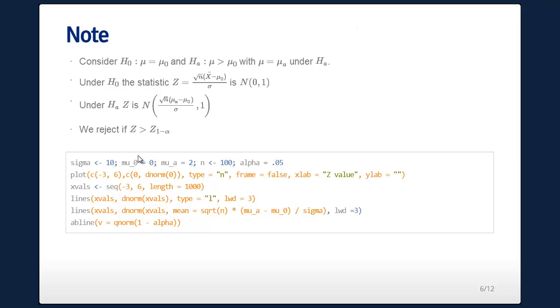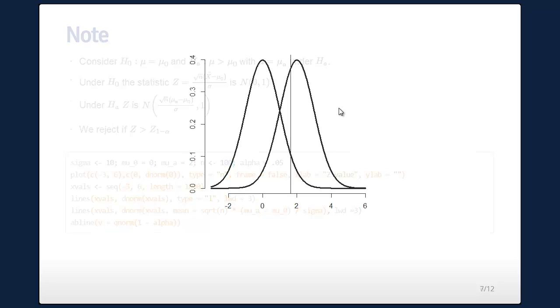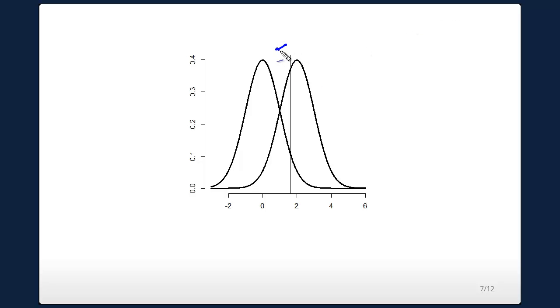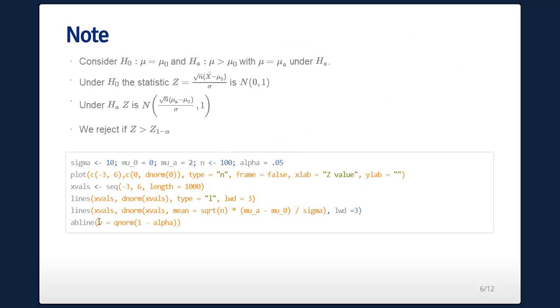What you can do is this plot right here. It just shows the plot I've been drawing, but you can actually change the value of this line, the critical region. So alpha is right here, and the power is right there. And using this very simple code, you can move them around.